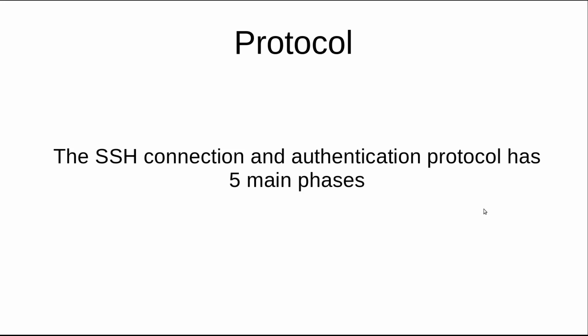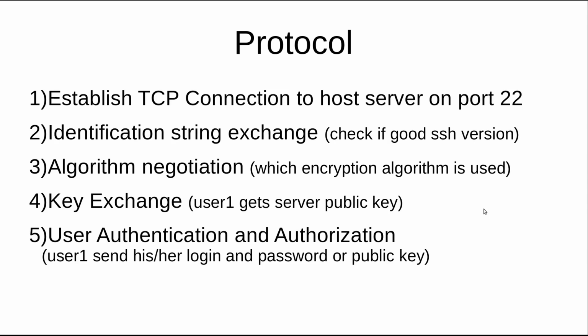The protocol for the connection and authentication used by SSH has 5 main phases. First, a TCP connection is established between the client and the server. The client connects to port 22 of the server. In the second phase, the client and the server send each other a string with the protocol and software version. Each host checks that the versions are not obsolete.